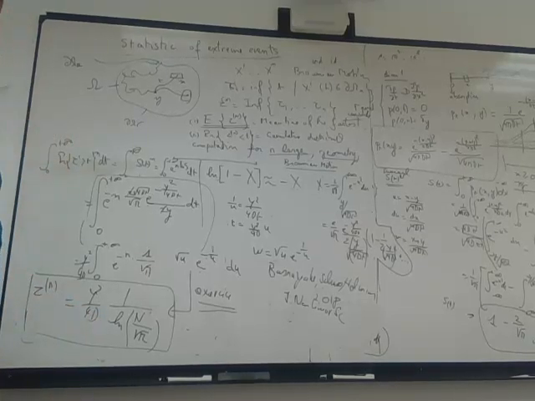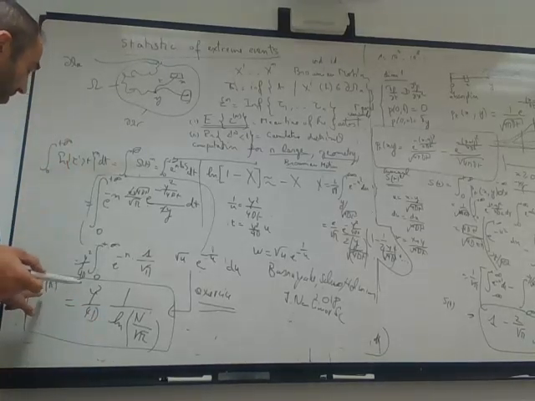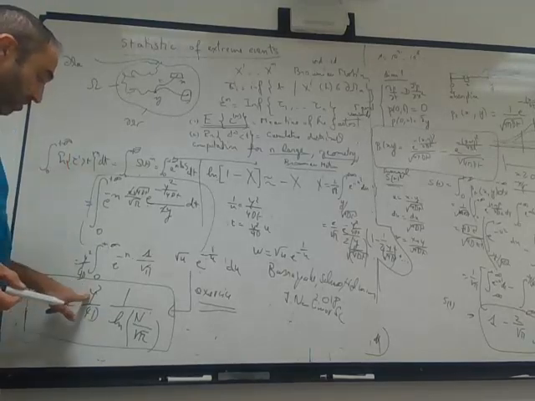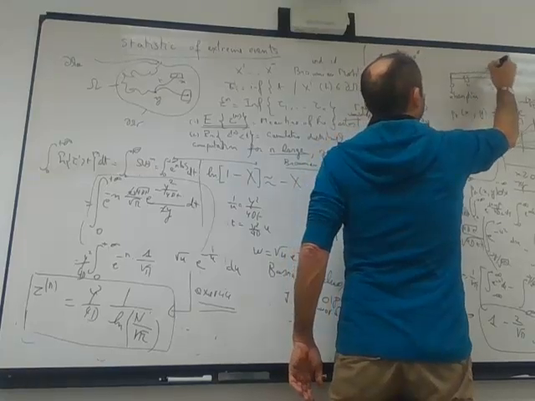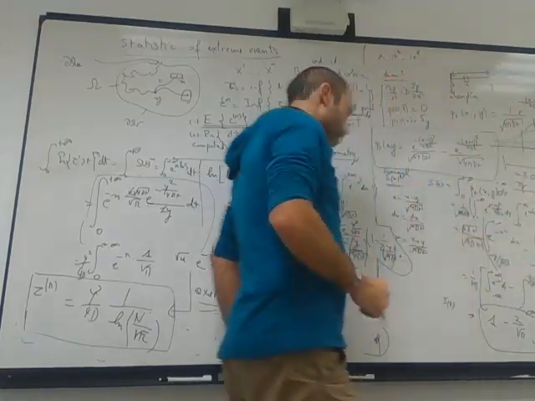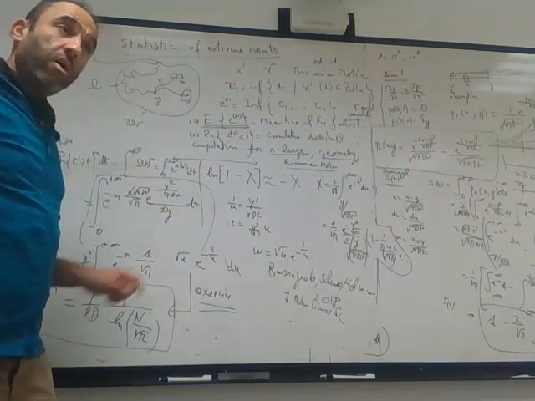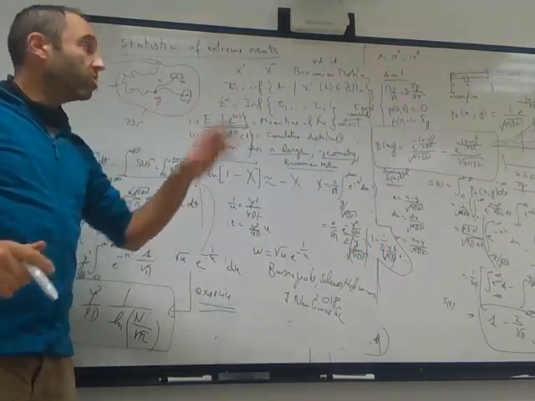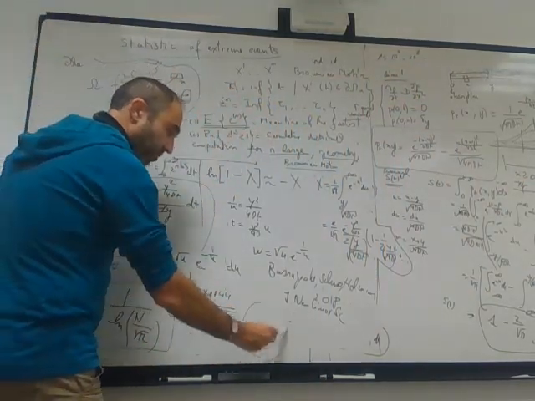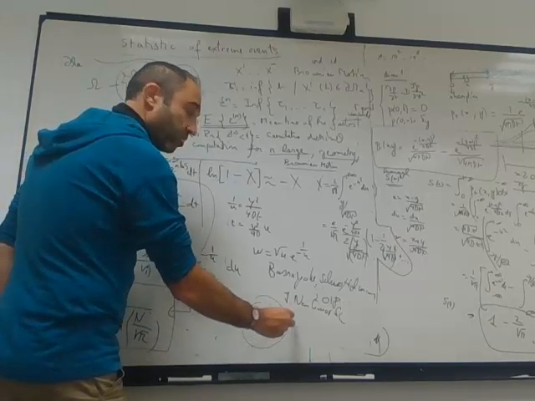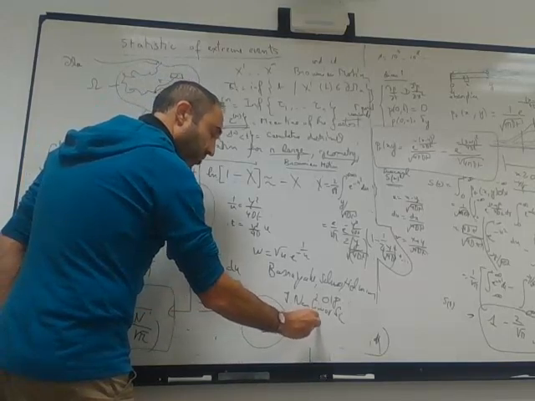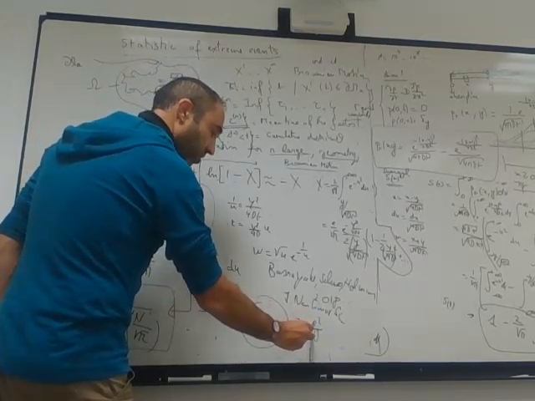What have we learned? We learned that the time to escape here is the distance squared. If you remember Brownian motion, if you have a disk and you are at the center of the disk, and you want to be absorbed, the time to escape is r squared divided by d, or 4d.